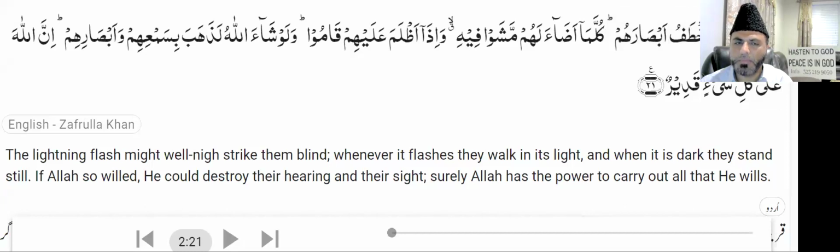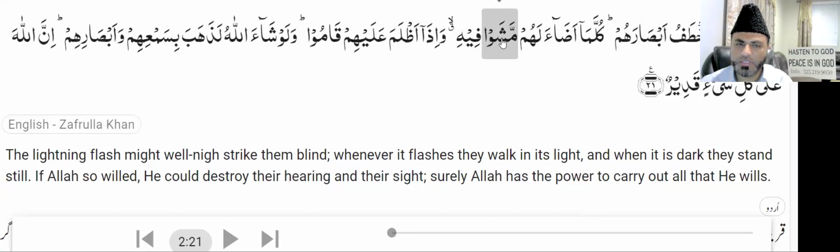Allah Ta'ala might destroy their vision. Kullama, whenever, jab kabhi, adaa, it flashes, lahum, for them, mashaw, they walk. Literally it is past, they walked.